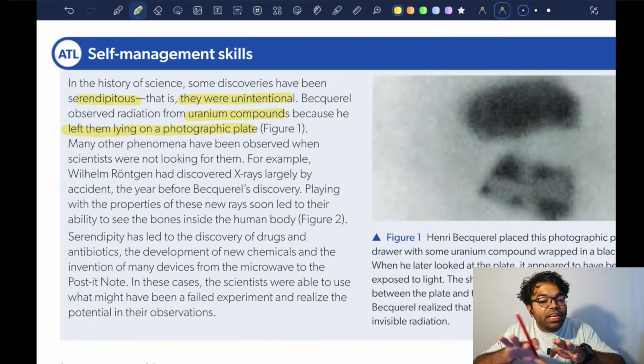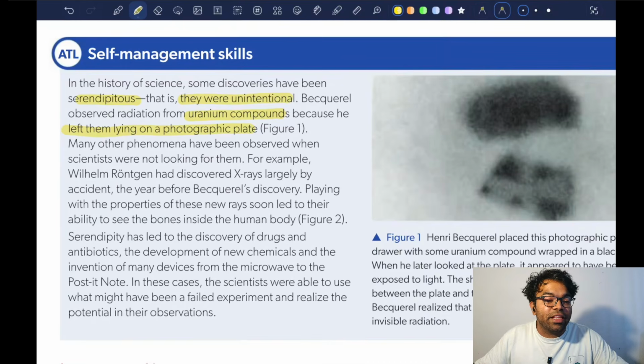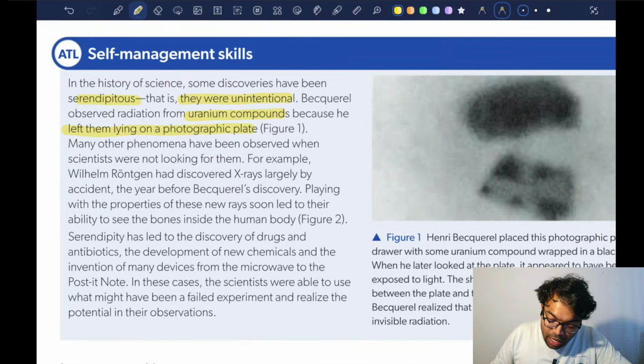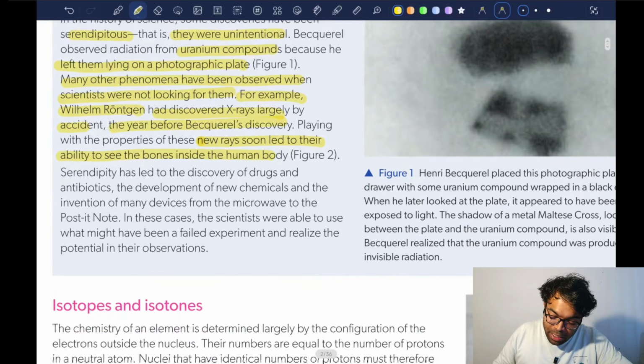Or imagine if he never looked at the photographic plate in the first place. Many other phenomena have been observed when scientists were not looking at them. For example, William Roentgen discovered X-rays largely by accident, the year before Becquerel's discovery. Playing with the properties of new rays soon led to their ability to see through bones inside the human body.